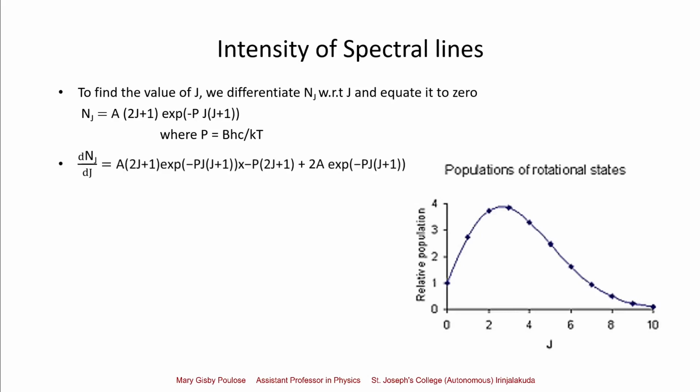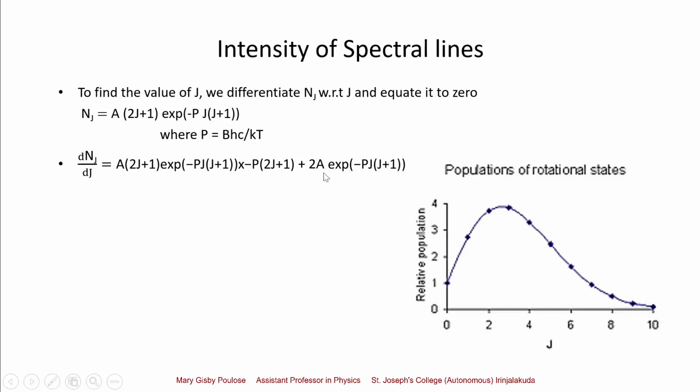Taking the derivative d by dJ of Nj, here we have the product of two terms. Hence, the first term, A into 2J plus 1, into the derivative of the second term, that is e raised to minus pJ into J plus 1, into minus p into 2J plus 1, plus 2A times e raised to minus pJ into J plus 1.